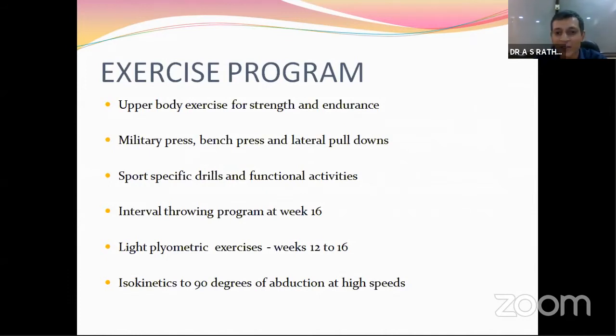Interval throwing program at week 16 we are initiating. Light plyometric exercises we start at 12 to 16 weeks, and isokinetic exercises to 90 degree abduction at high speed we are also initiating.